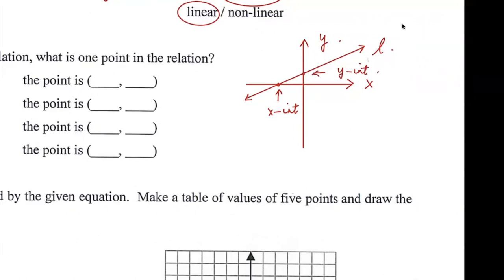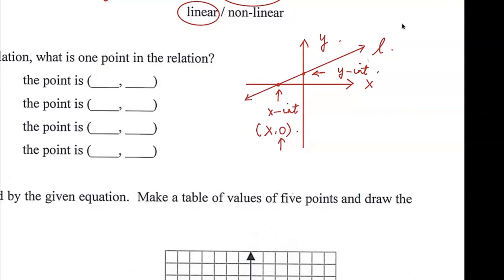Okay, so now after we visualize this, we can see it doesn't matter what the straight line looks like. The x-intercept always has the form (x, 0), which means the y value is always 0 for the x-intercept, because the x-intercept is always on the x-axis, right?